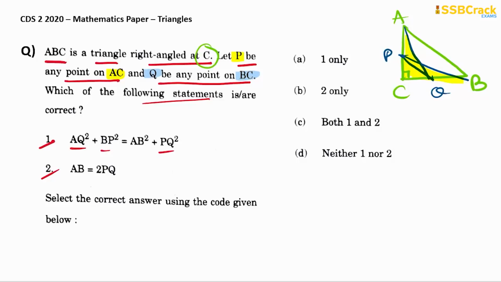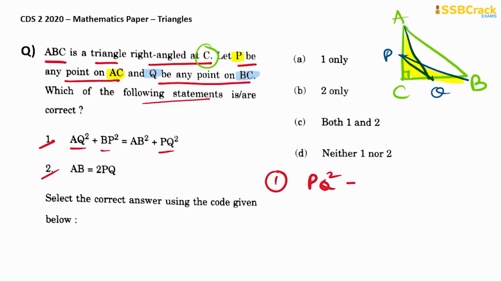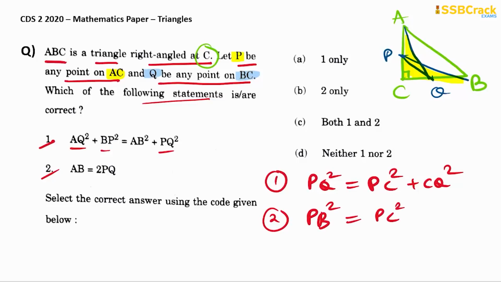So let's write down all the 3 statements very easily. I hope you are very good at writing the Pythagoras statement. So for the first one, PQ square equal to PC square plus CQ square. For the second triangle with PB as hypotenuse, we have PB square equal to PC square plus BC square. And for the third statement, what do we have? AQ square as the hypotenuse, right?